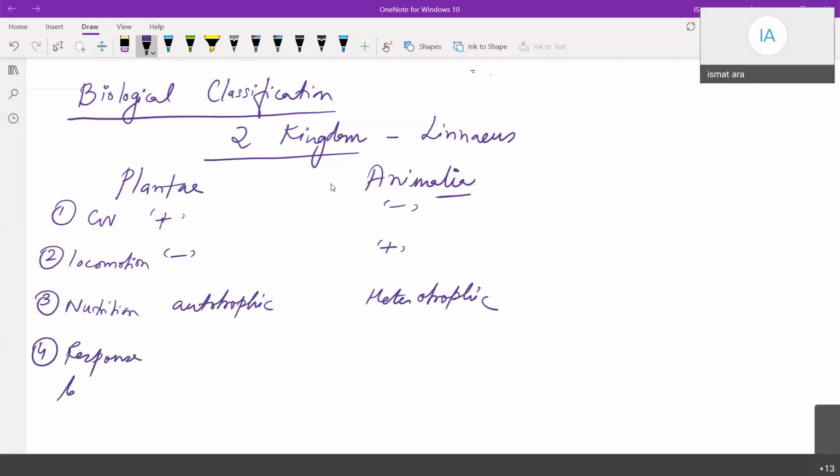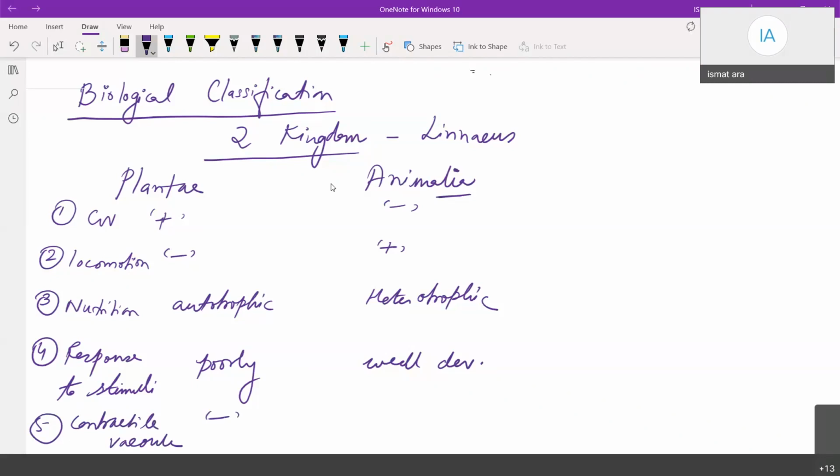Response to stimuli: poorly developed in plants, well developed in animals. Last one is contractile vacuole: absent in plants, present in animals.